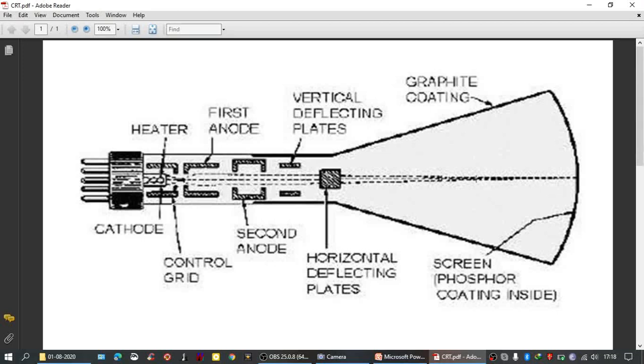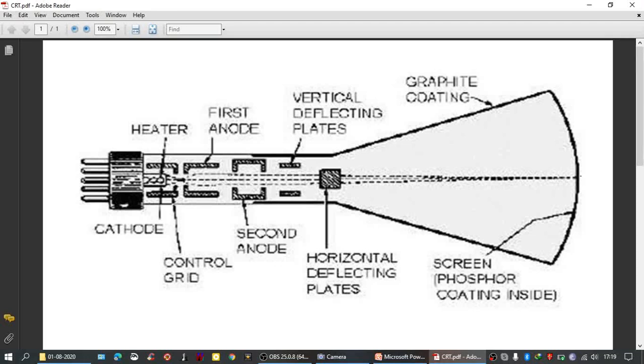So the highly accelerated electron beam strikes the surface of the phosphor material, thus transferring all its kinetic energy to the phosphor coating.